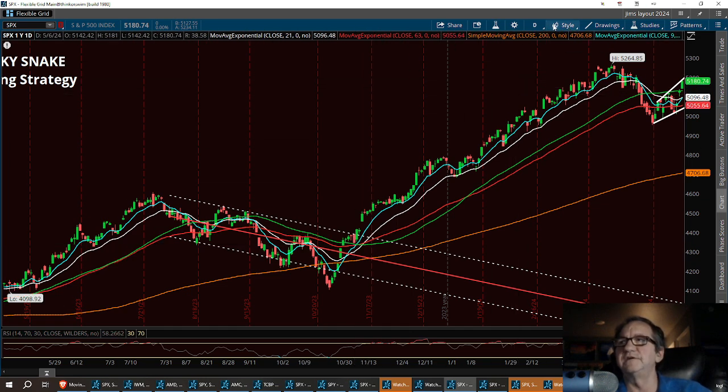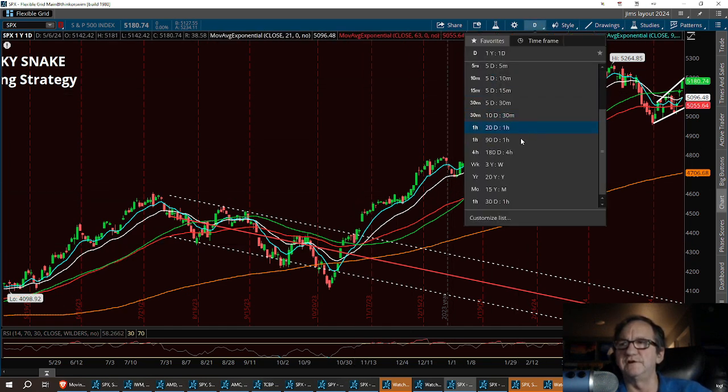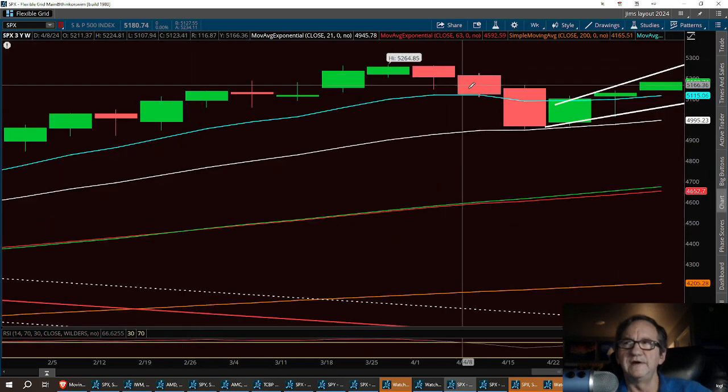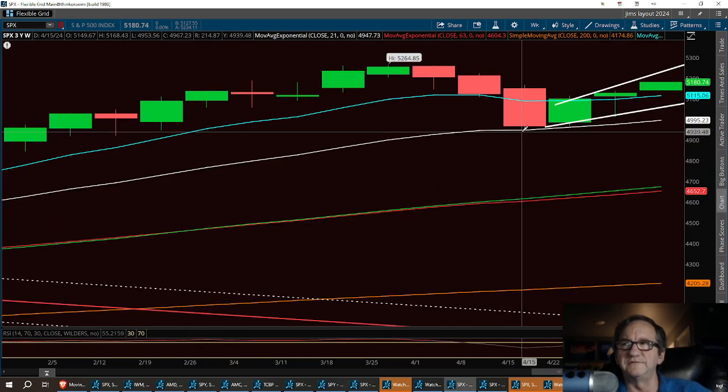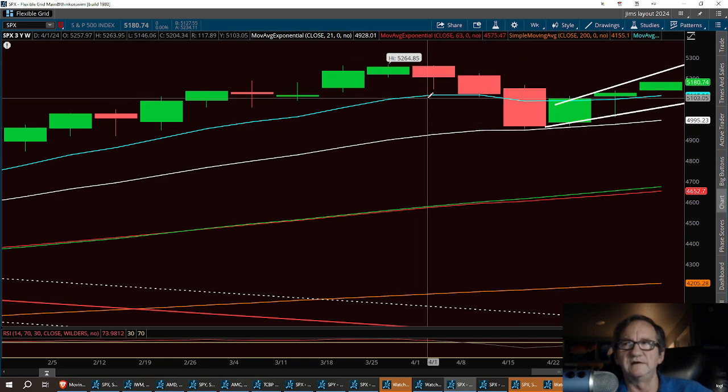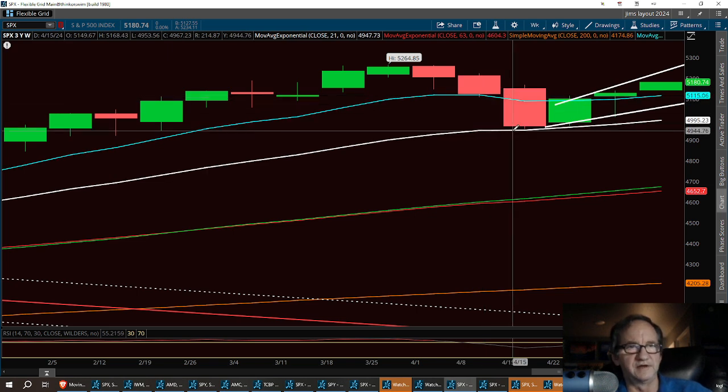Now notice one thing here on the weekly. This is how I called the trade out for the reversal. We had 3 black crows land off the 21. So I told the room, I said, hey, the 9 is our support. If we breach below the 9, the next support level will be the 21 EMA.